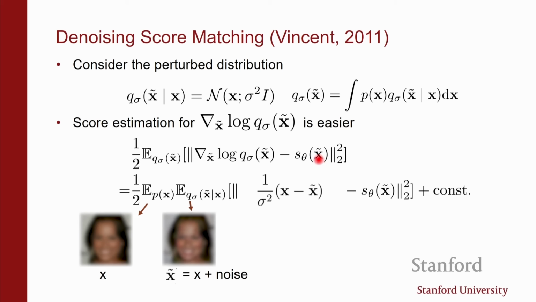So by minimizing the bottom one, the denoising objective, you are actually also minimizing the top objective, where you're really estimating the score of the distribution of the data convolved with Gaussian noise, the smoothed version of the data density, even though you can just work at the level of the individual conditionals. That's the beauty of denoising score matching.